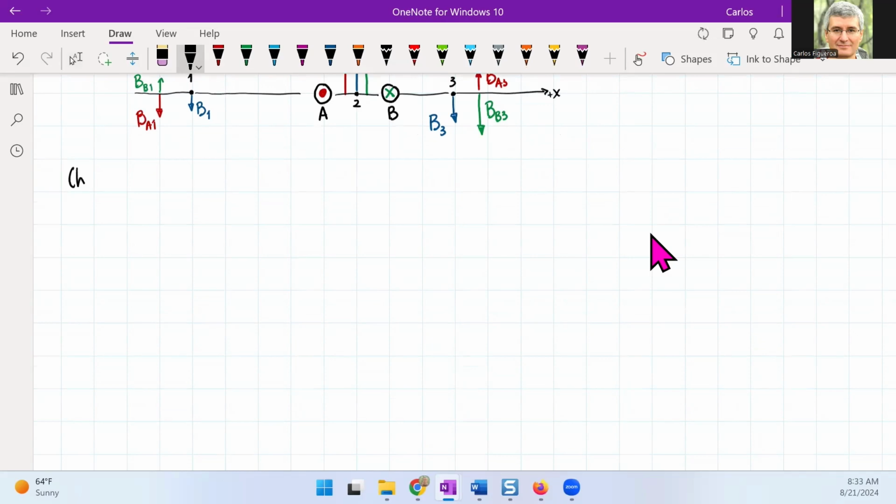So part B here tells us to calculate the fields B1, B2, and B3. So let's look at point 1. So the point 1 field.